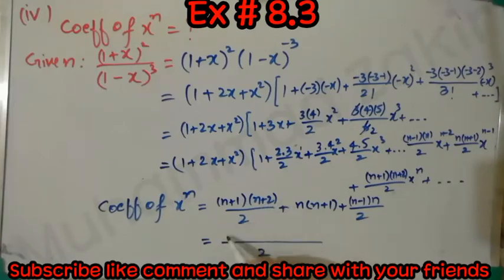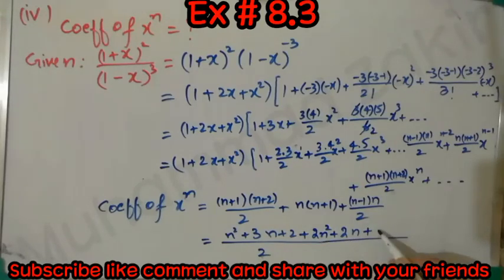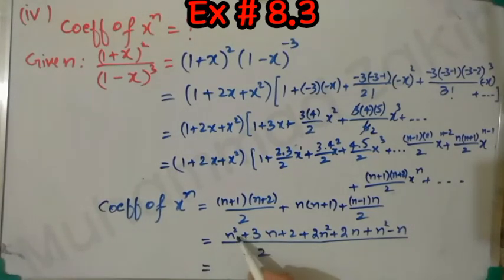These will make n square plus 3n plus 2, plus 2n square plus 2n, plus n square minus n. Then 2n square plus n square will be 4n square. 3n plus 2n is 5n, minus n will be 4n, plus the constant term 2, all divided by 2. This simplifies to 2n square plus 2n plus 1.